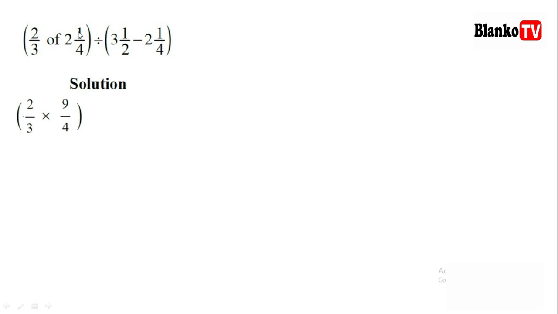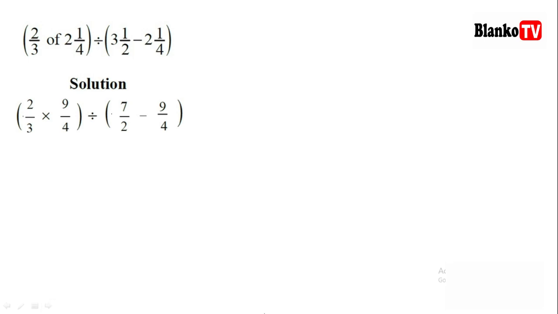I hope you are following. Divided by 3 times 2 is 6, plus 1 will give us 7, so we have 7 over 2, minus, then 4 times 2 is 8, plus 1 is 9 over 4. I hope you understand.